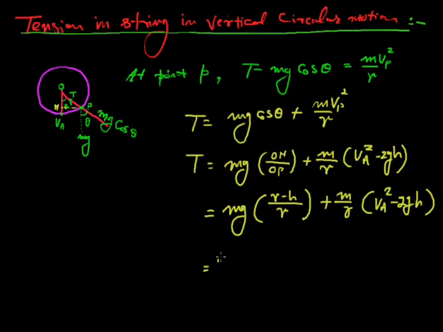Taking m upon r common: gr minus gh plus Va square minus 2gh.